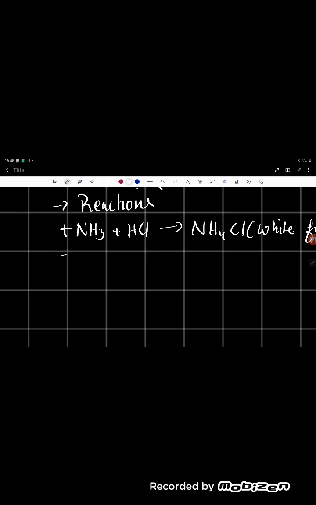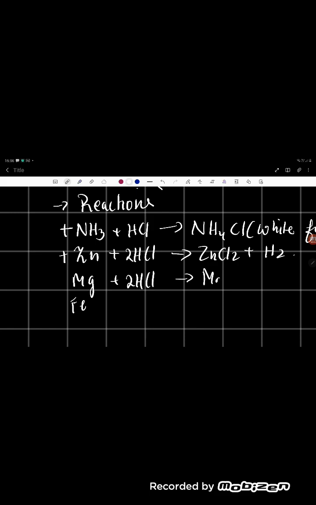Now the reaction of hydrogen chloride gas with a few metals, let us say Zn, Mg and Fe. Zn plus 2HCl will give you ZnCl2 plus H2. It liberates hydrogen. Mg plus 2HCl will give you MgCl2 plus H2.